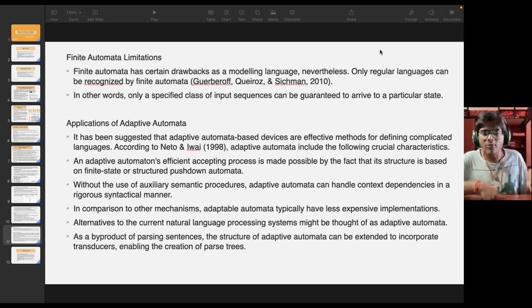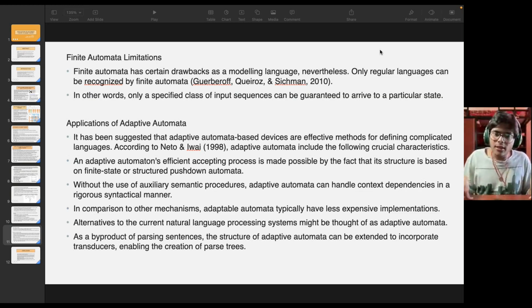An adaptive automaton's efficient accepting process is made possible by the fact that its structure is based on finite state or structured pushdown automata.